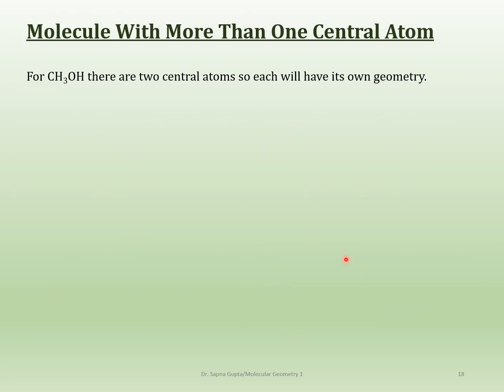Okay, so now if you have more than one central atom, what do you do? It doesn't matter, just be patient with it. So if you have CH3OH, you draw the structure. How do you draw the structure? Hydrogen can never be in the middle, you know that already. Carbon and oxygen then will be in the middle. So connect them first.